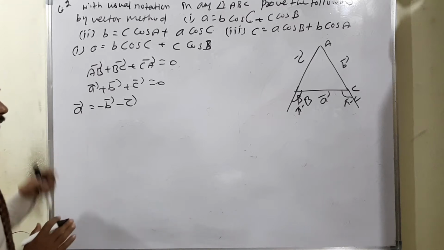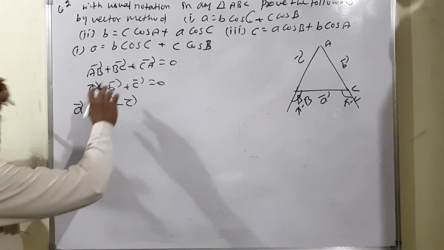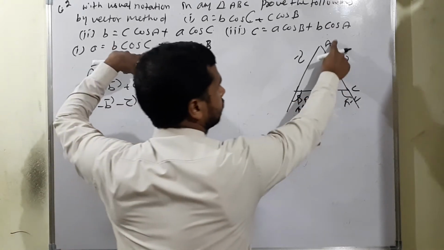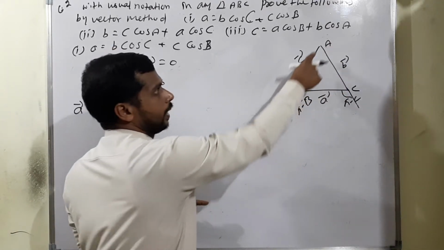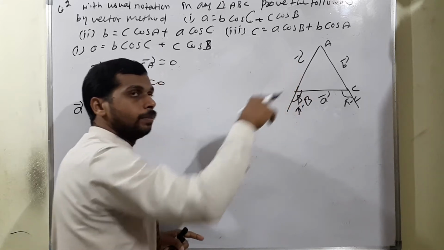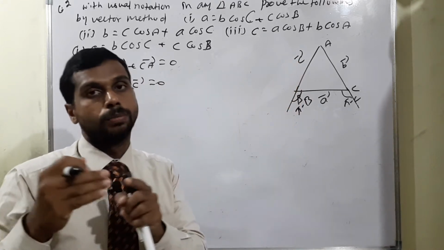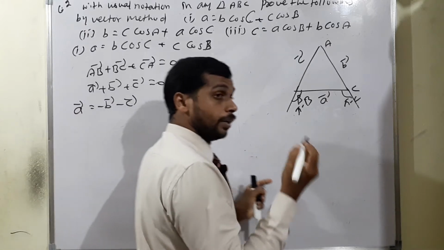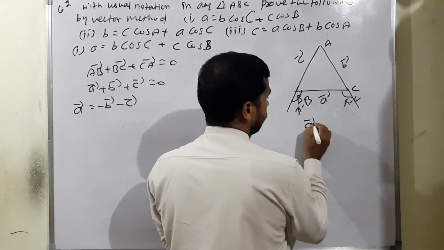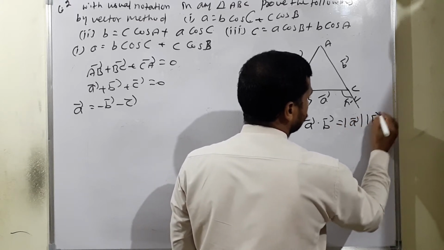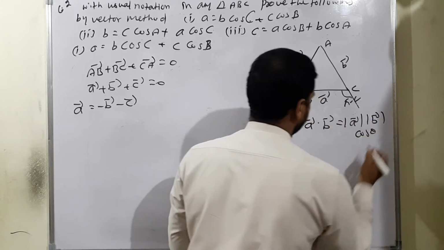After finishing these 3 steps, the condition is that we need angle C, meaning the opposite side, so we need the dot of A and B. A vector dot B vector means modulus of A vector into modulus of B vector into cos theta, isn't it?